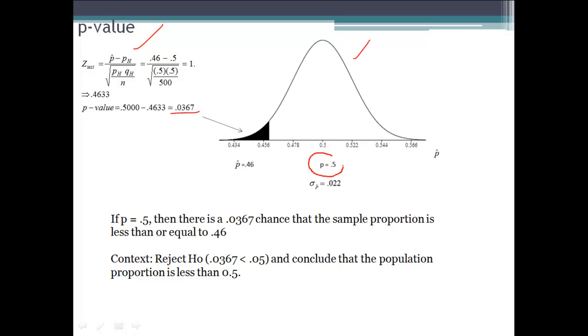If H0 was true, p is equal to 0.5, then there is a p-value chance, 0.0367, that the sample proportion, that's what we have drawn on this, that we get a sample proportion less than or equal to the 46% that we observed. In terms of context, we reject H0 because the 0.0367 is less than 0.05 and conclude that the population proportion is less than 0.5.